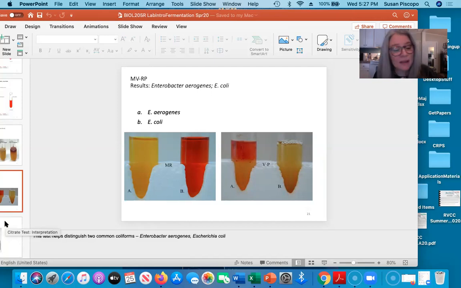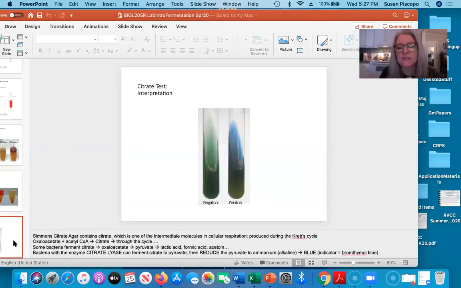And Enterobacter aerogenes has a negative MR and a positive VP, exactly the opposite. So we use the MRVP to help us differentiate those two organisms. But there's one more test we can use to differentiate those two organisms, and that's the citrate test.